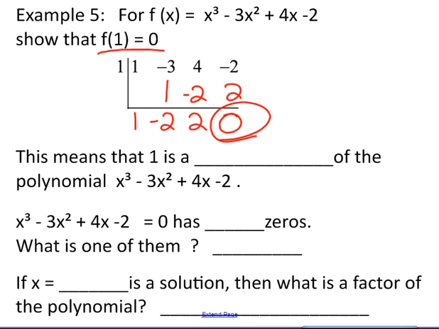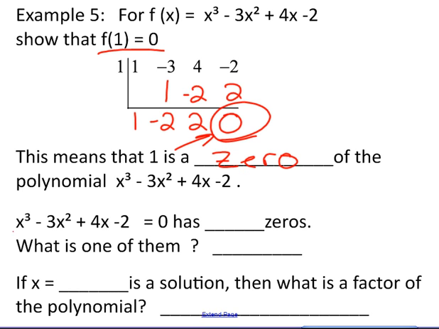So if this last number happens to be a 0, we say that 1 is a 0 of the polynomial. I'm not saying 1 is 0, I'm saying 1 is a 0, or a root, or a solution. Those are all words meaning the same thing.